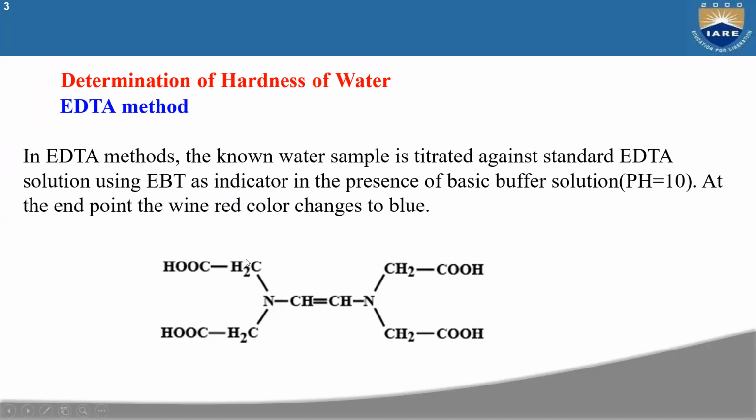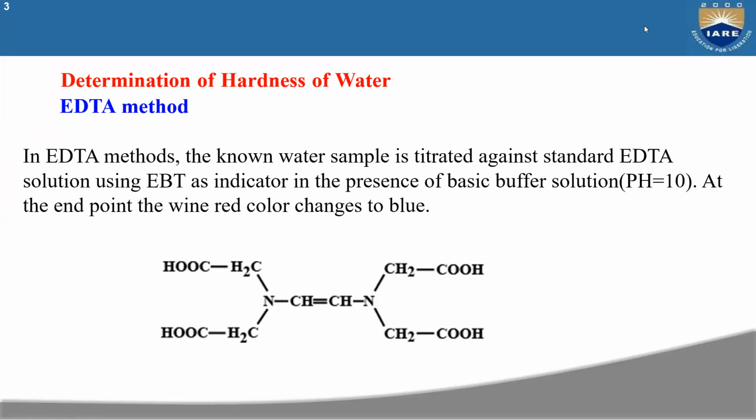Instead of H2, we can replace the acetic acid groups. Ethylene means two carbons, CH2 double bond CH2. In one H, we can place another amine group. So this is the structure of ethylene diamine acetic acid.